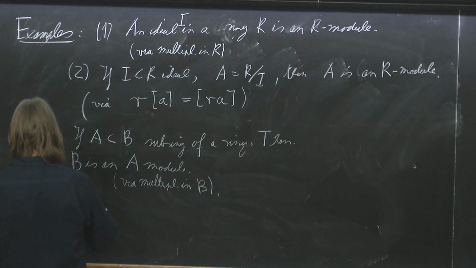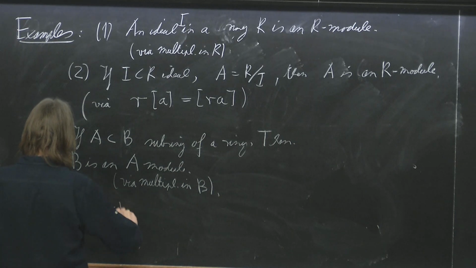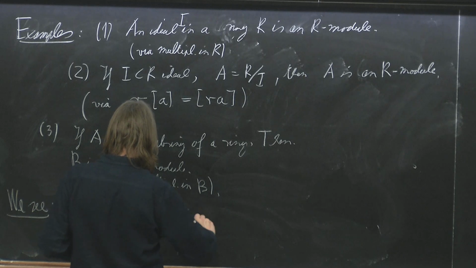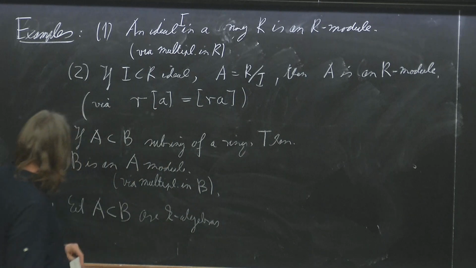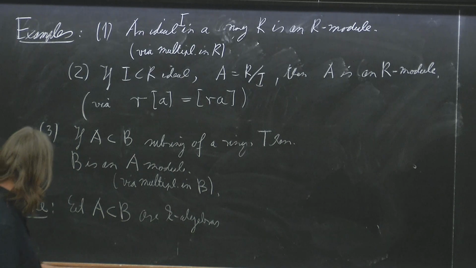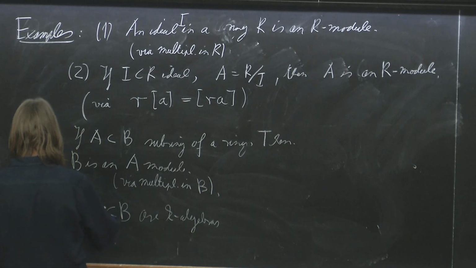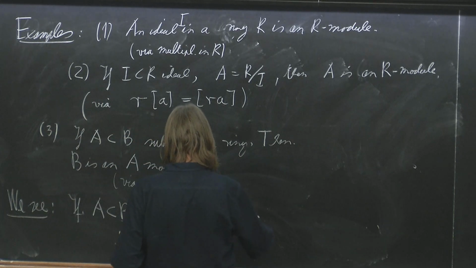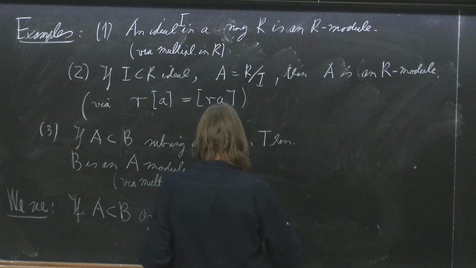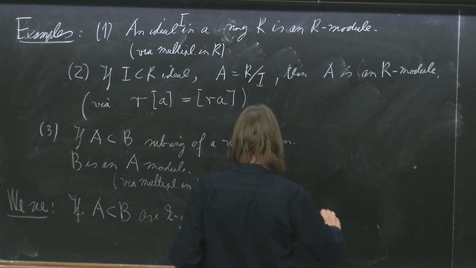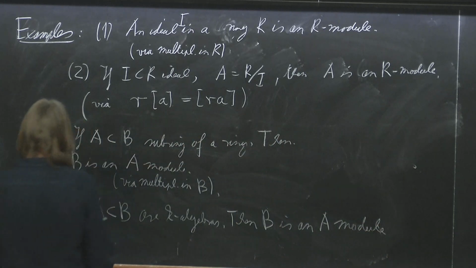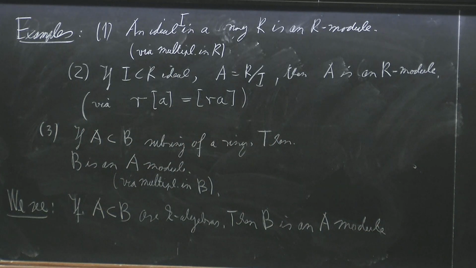If A is a subring of B and both are K-algebras, then B is an A-module, and B is a finite A-module if it's finitely generated.